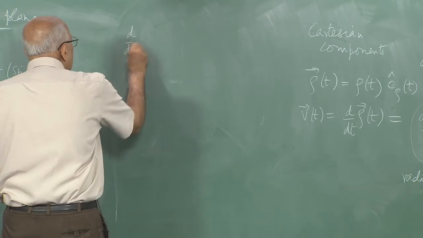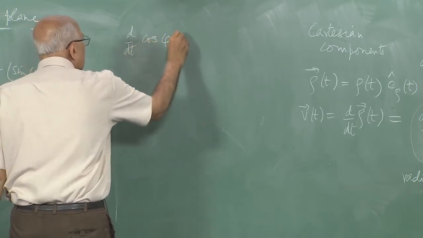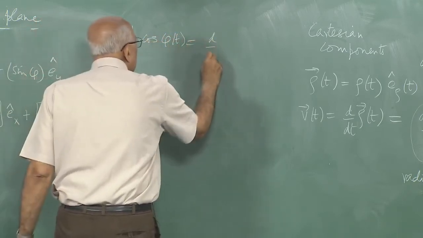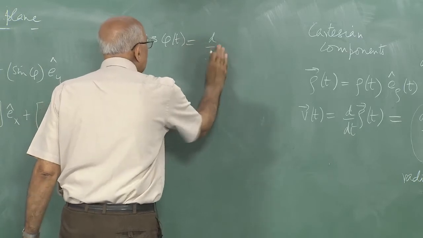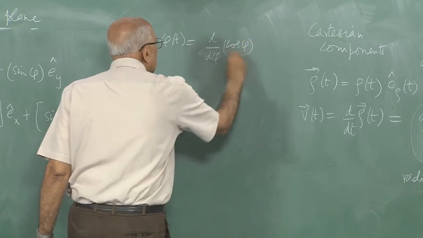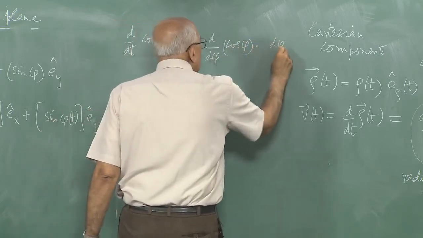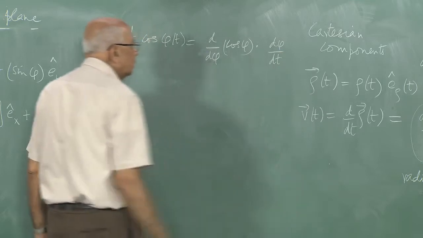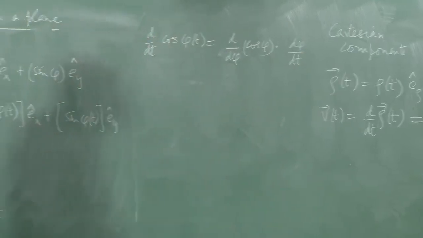d over dt of cos phi of t equals d over dt d over d phi of cos phi, multiplied by d phi over dt, by the chain rule once again.